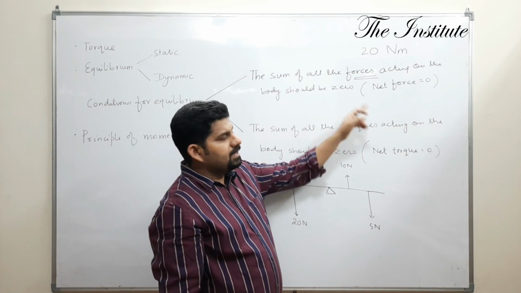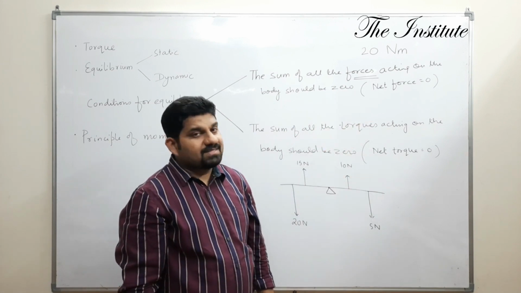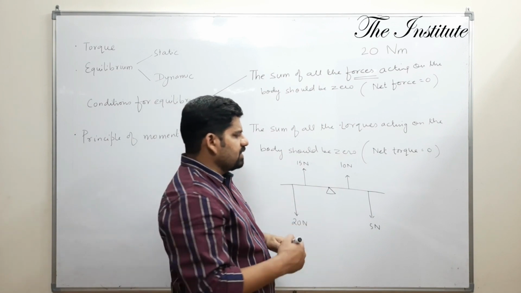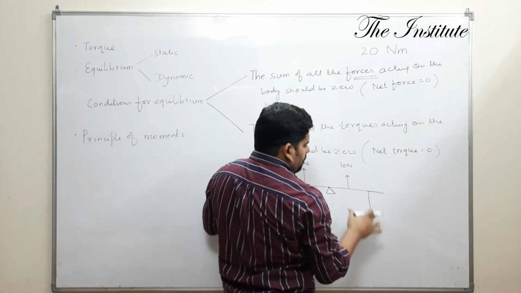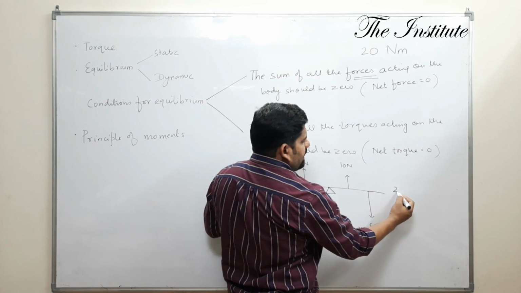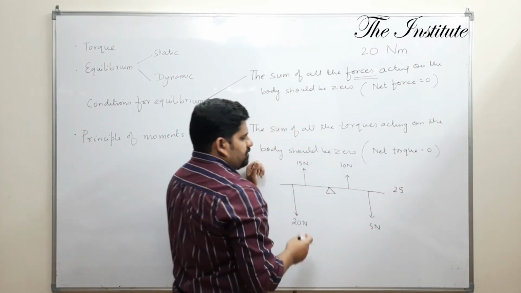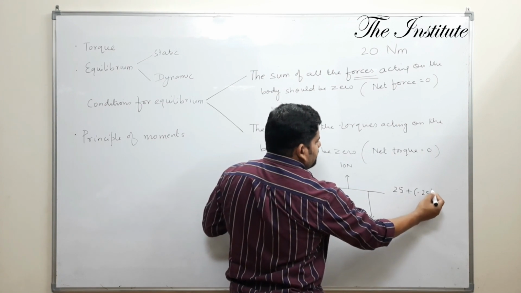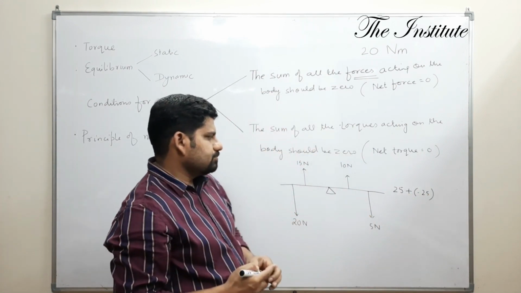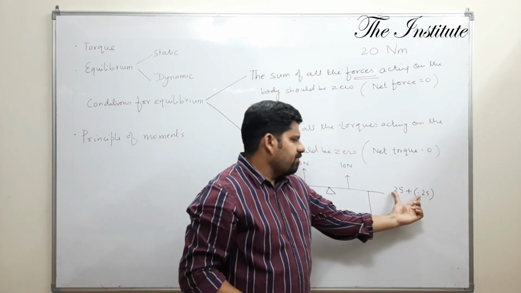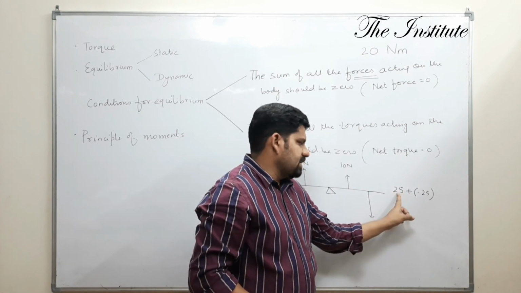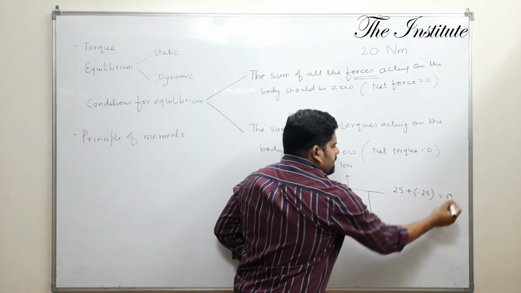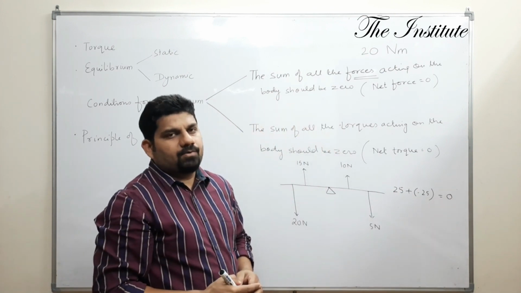So definitely the net force is zero. The sum of all the forces. Suppose downward force we are considering positive. So the upward force would be with a negative sign. So the sum of all the forces, downward plus upward, you can see is coming out to be zero.